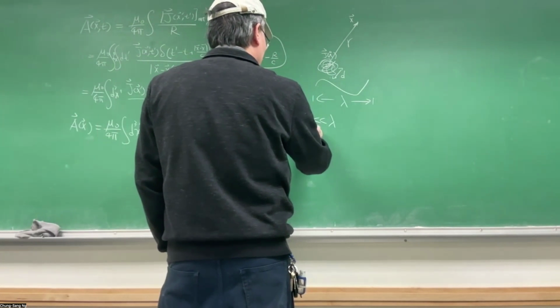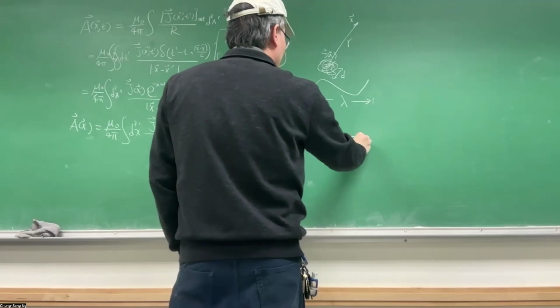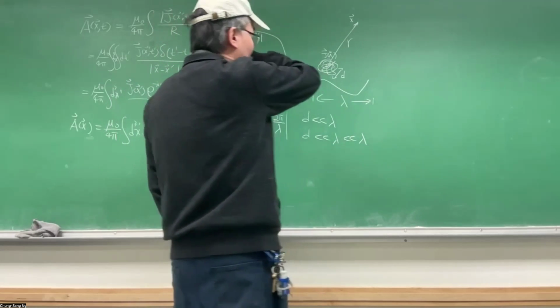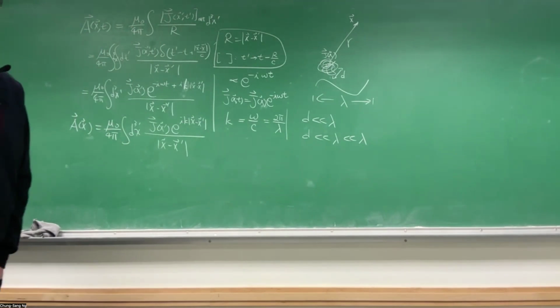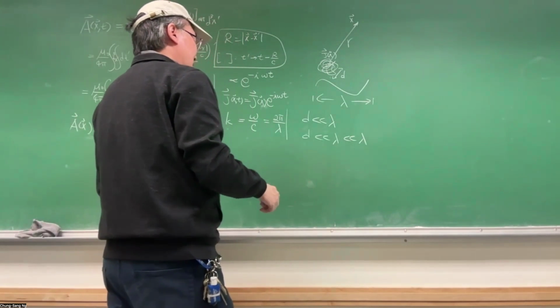The one case is the so-called far zone. If R is much greater than the wavelength and much greater than d, this is what we call far away. It's called the far zone or wave zone or radiation zone. Different people call it different names.